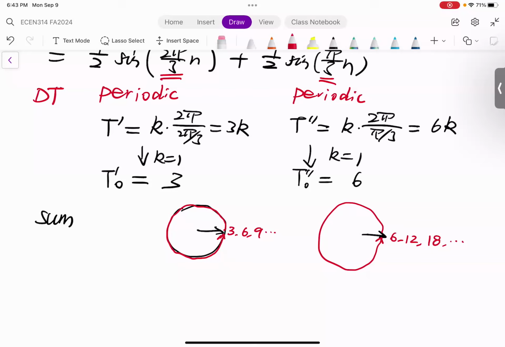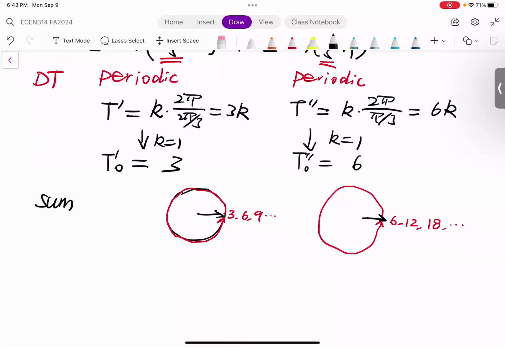In other words, would the sum still come back at 3 o'clock after some time? How do I make that happen? I just make sure that after some time, both the left and the right return to the original 3 o'clock. So I just need a time that both return to 3 o'clock.